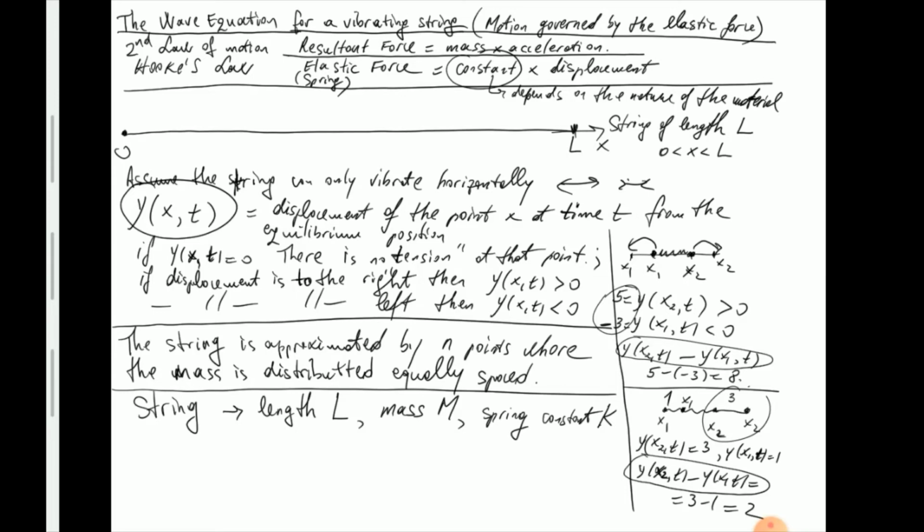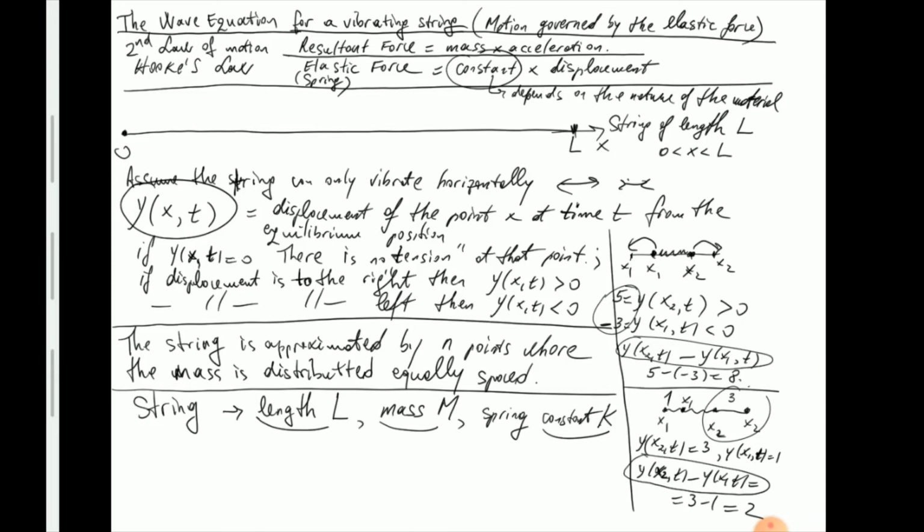That's the capacity of the string to stretch. It depends on the nature of the material. It tells you how easy or hard it is for the string to stretch. So these are the three physical constants attached to our string that will vibrate left or right.